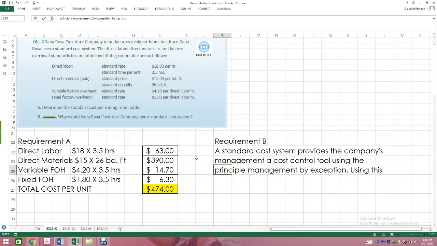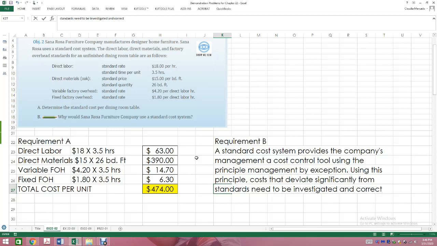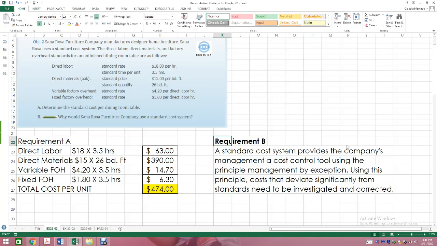Using this principle, costs that deviate significantly, and this is very important, significantly, by a lot, from standards need to be investigated and corrected.